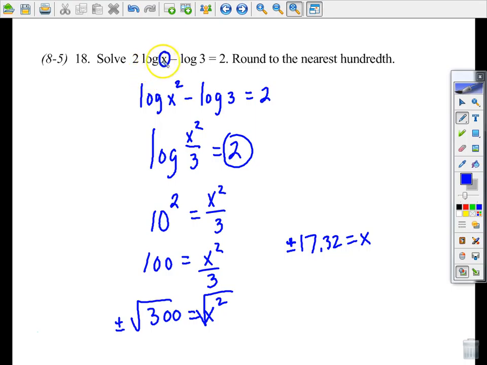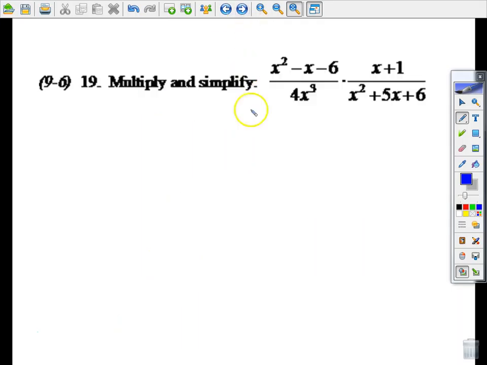Therefore, even though I started off with plus minus 17.32, since I would be doing the log of a negative number, I'm going to consider only the positive as the answer. So my final answer here is 17.32.